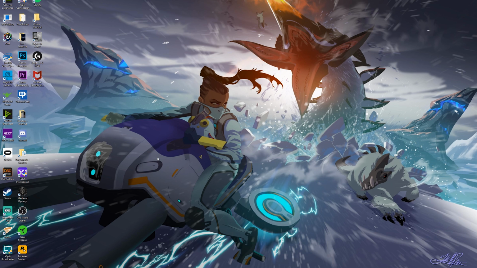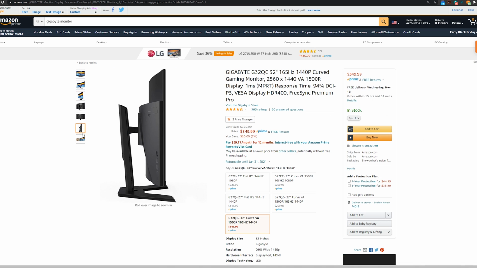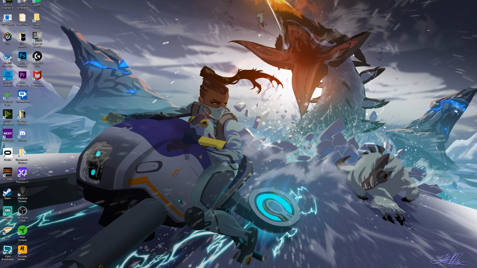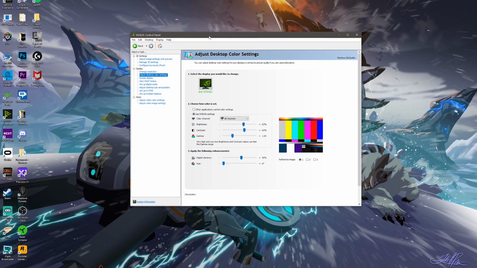The Gigabyte OSD Sidekick, the software that you get with Gigabyte that's built into the monitor, was pretty solid. I would say they're both pretty solid in that regard. And you can tinker around with the coloring on the G5, but when you open up the Nvidia control panel, adjust desktop color settings, this is where I do my settings.